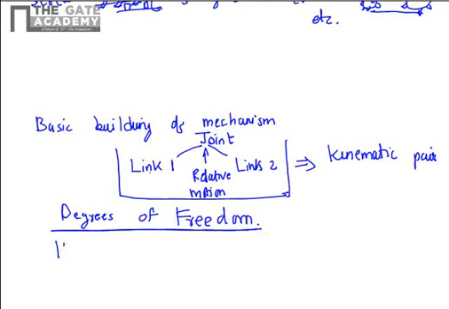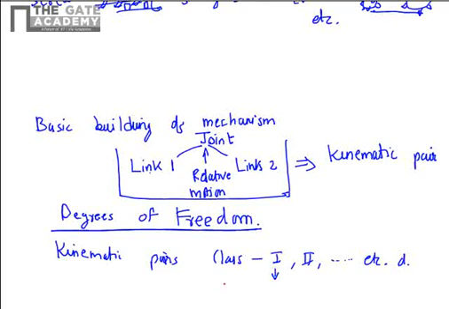Depending on degree of freedom, the kinematic pairs are classified as class 1, 2, 3, 4, 5, etc. kinematic pair. The class 1 means that the kinematic pair is having 1 degree of freedom. So we will be using the abbreviation DOF for degree of freedom.